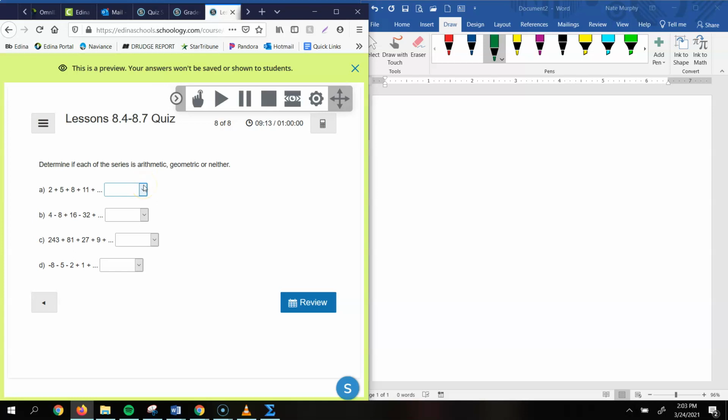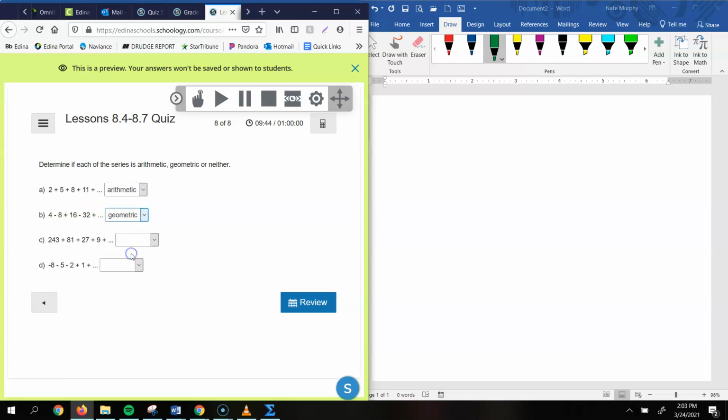All right, so for this last one, we're just going to determine whether each of these is arithmetic, geometric, or neither. For this first one, going from 2 to 5, I'd add 3. 5 to 8, I'd also add 3. 8 to 11, I'd also add 3. So that's an arithmetic series. For letter B, 4 times -2 is -8. -8 times -2 is 16. 16 times -2 would be -32.